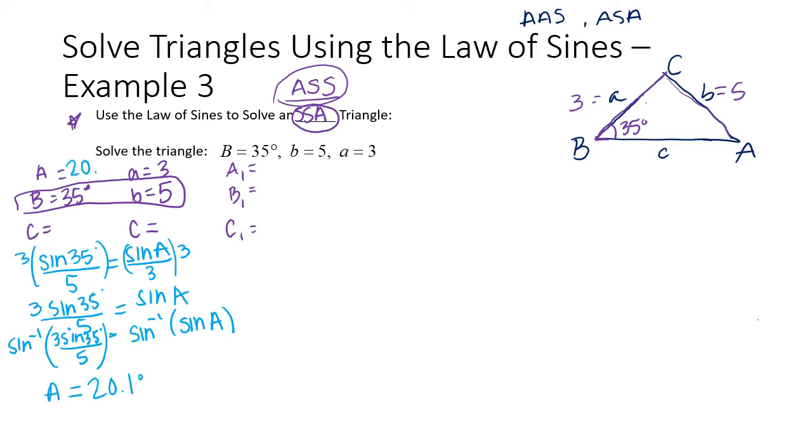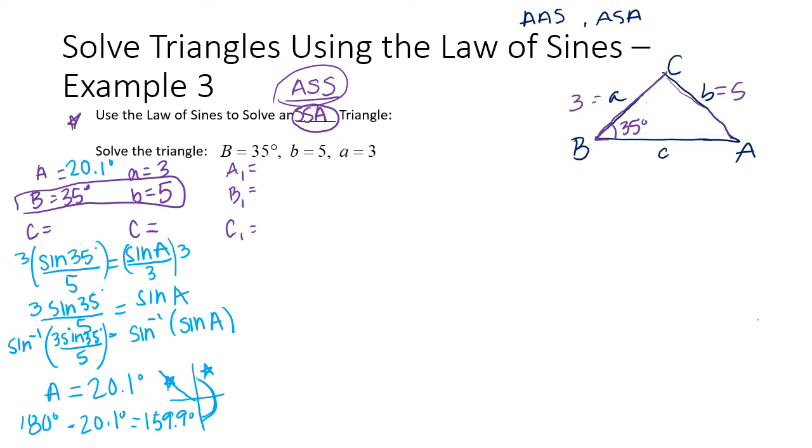Now, remember, inverse sine only checks these two quadrants. Sine is positive here and here, so I need to also look at what if it's over here, the triangle. So that would be taking 180 degrees and subtracting 20.1 degrees, which gives me a total of 159.9.